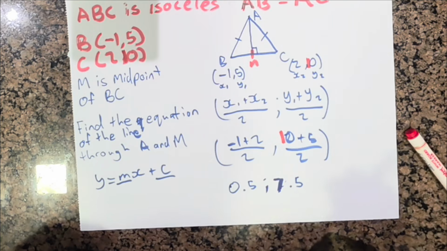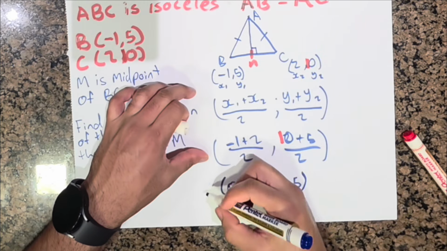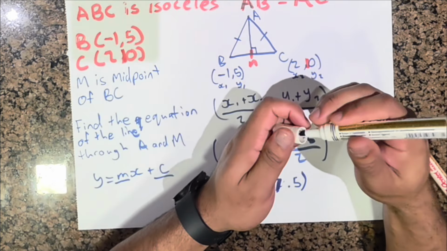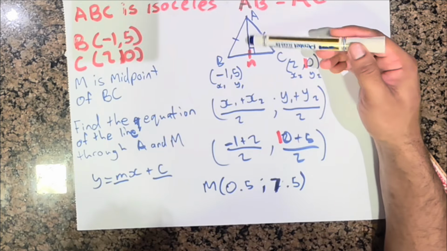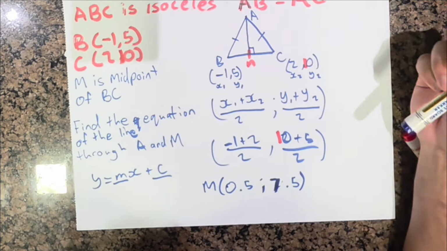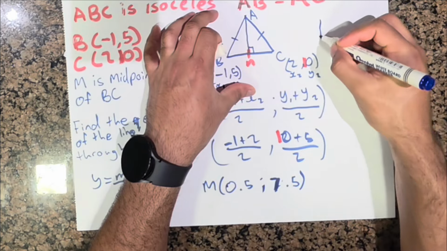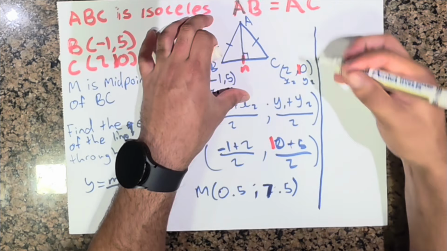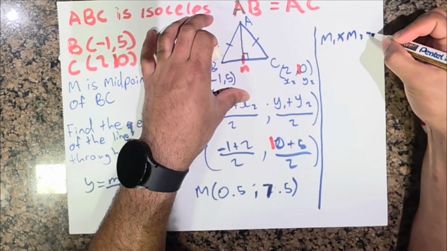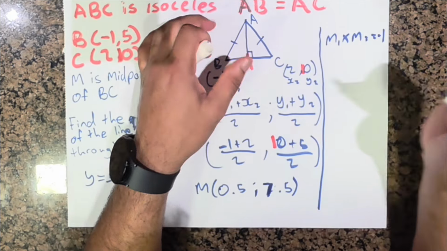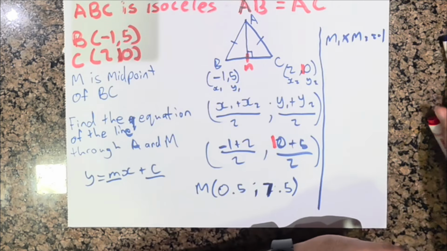Okay, so now you have M, which is the midpoint, okay? Then we're going to use this information that I pointed out. If AM is perpendicular to BC, then we have a relationship for lines which are perpendicular. We say that m1 multiplied by m2 is equal to -1. We covered that last year in year 9.